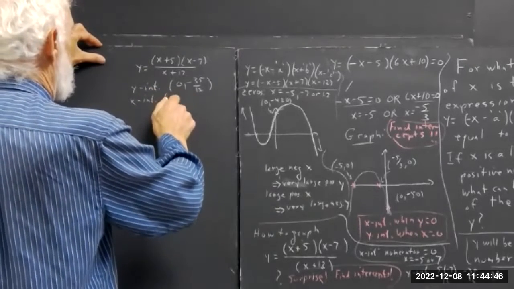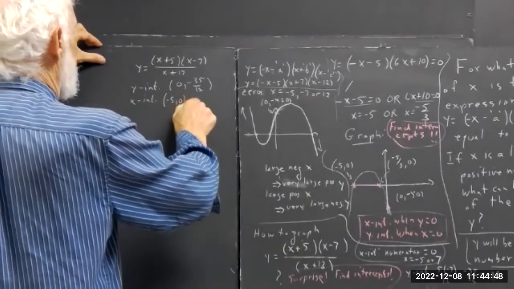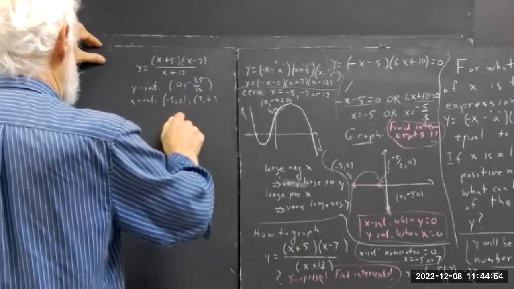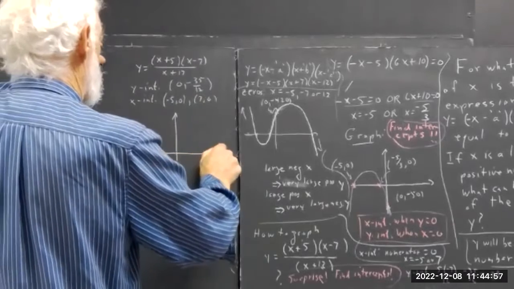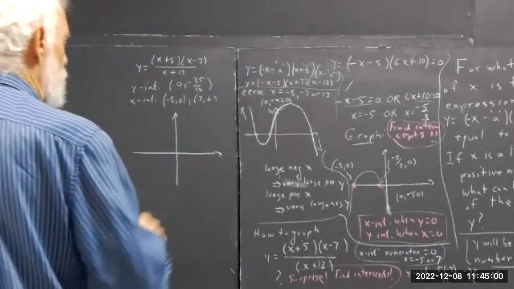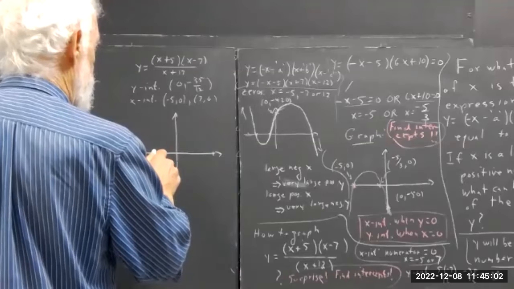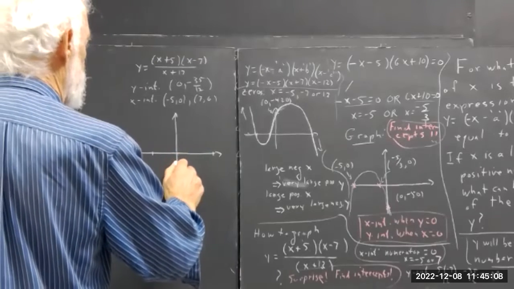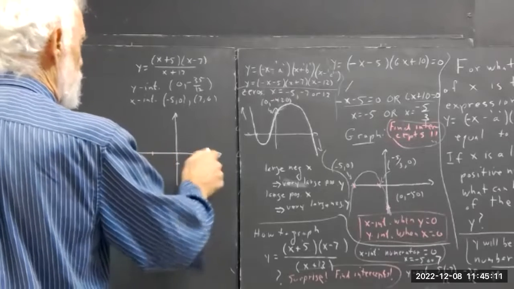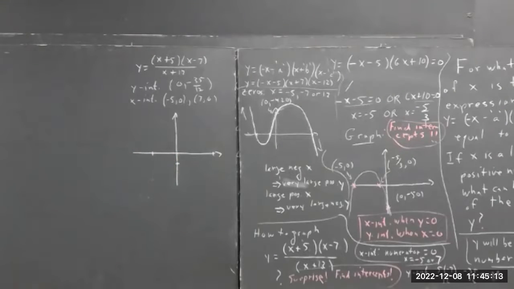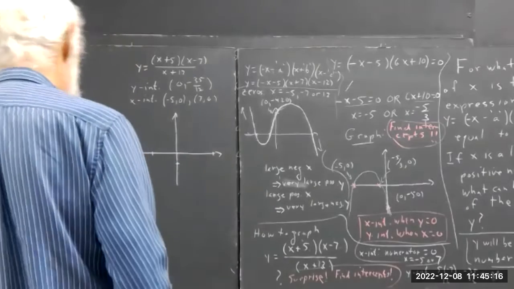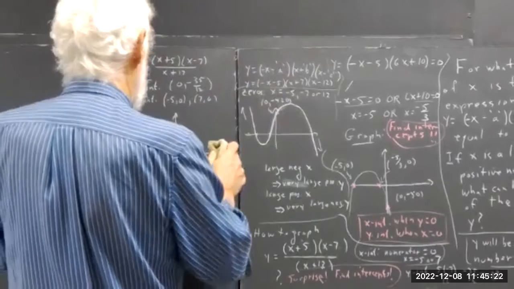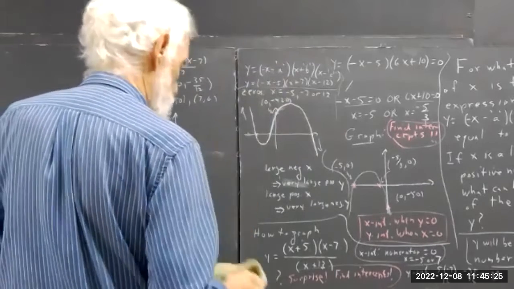X-intercepts are -5, 0, and 7, 0. Okay, so let's put 7, 0 out here, -5, 0 here, and 0, -2.9 about here. So we're going to say these are the intercepts, and I need to change the scale just a little bit because of the big number I put in the denominator. Oh, boy, that's bad.